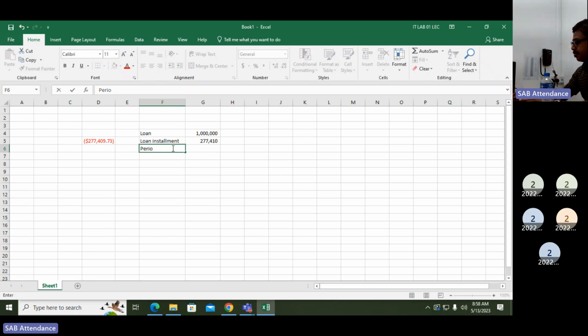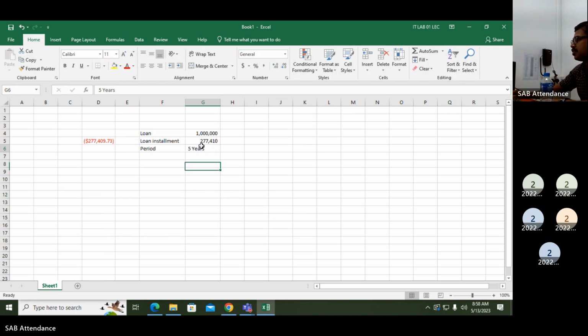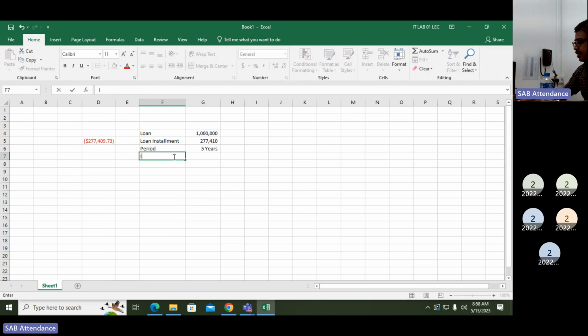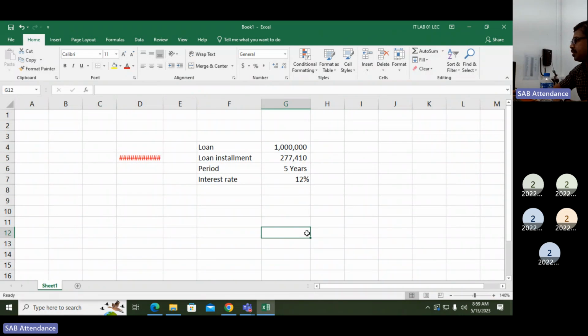And the loan period is 5 years. So how much liability do you recognize? And here this is interest. Interest rate I take as 12%. Right? Now in this case, you can clearly identify your loan liability is 1 million.